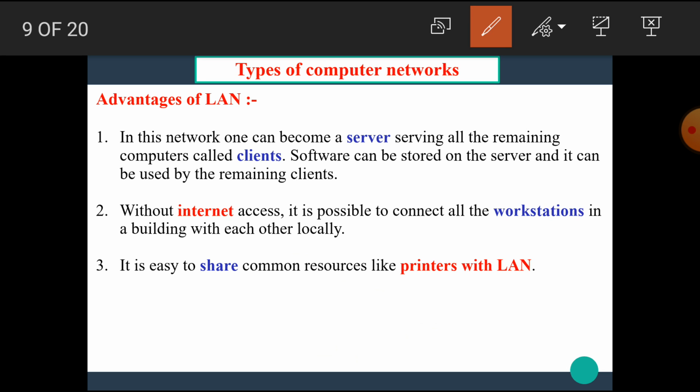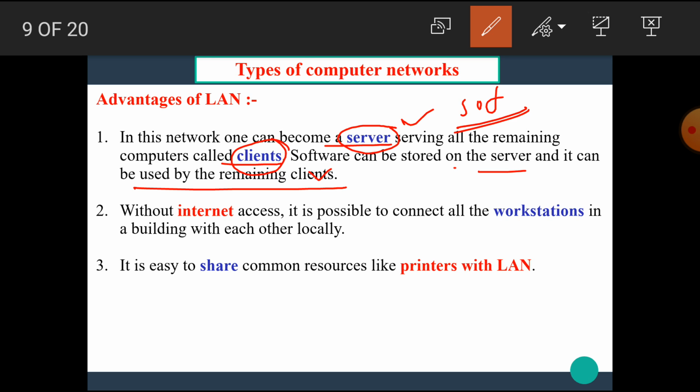In this type of network, one computer can become a server serving all the remaining computers called clients. Software can be stored on the server and it can be used by the remaining clients. That means the server is very important, and if the server has the software then the same software can be used by its clients without installing it.